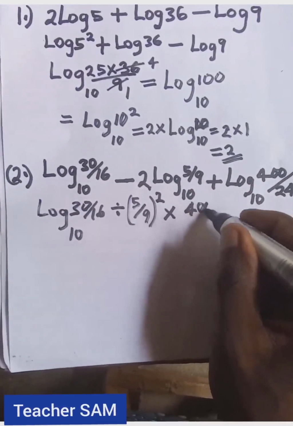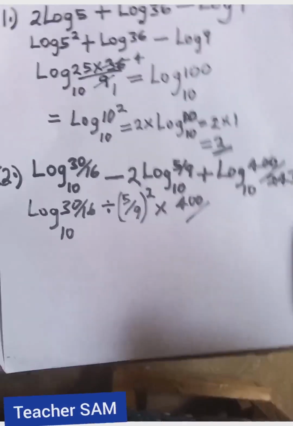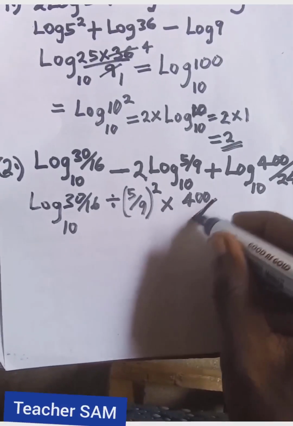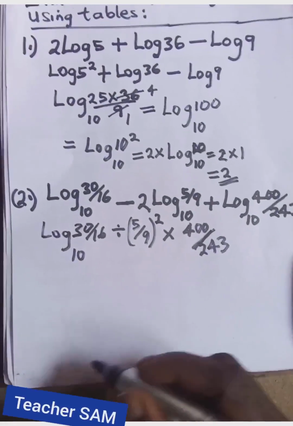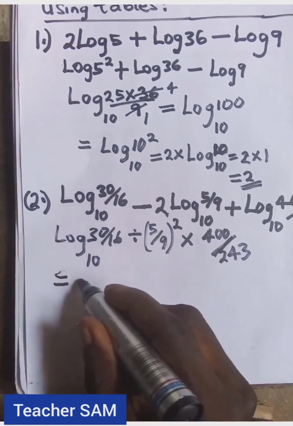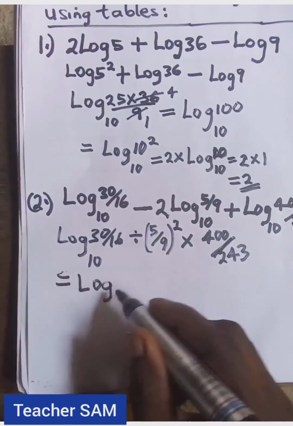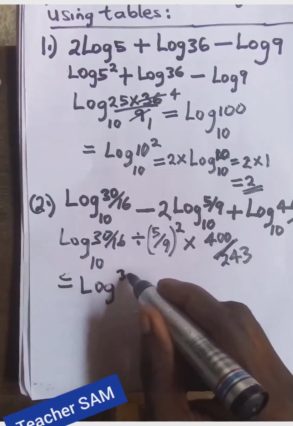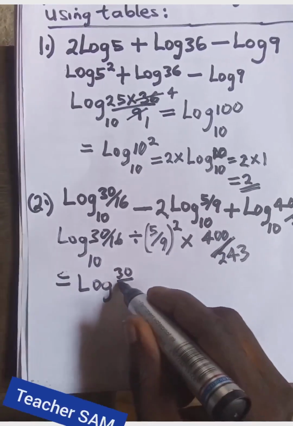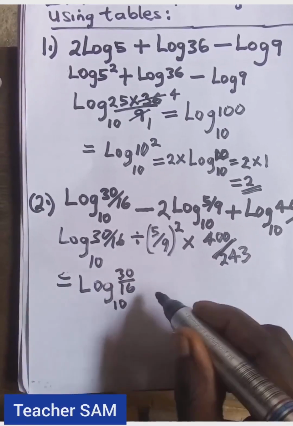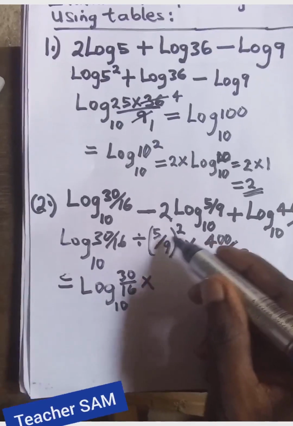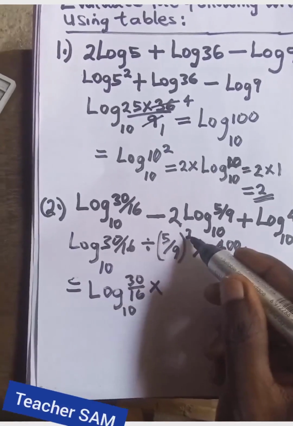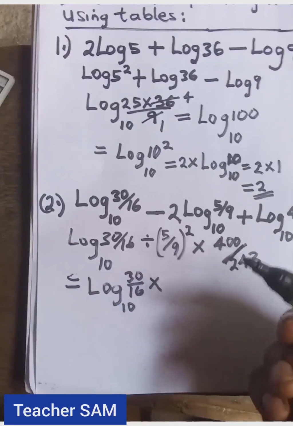Now times 400 divided by 243. Now this will now become log 30 over 16 to base 10. Now you know that this is the same as 5 raised to the power 2, which is 25, and 9 raised to the power 2, which is 81.